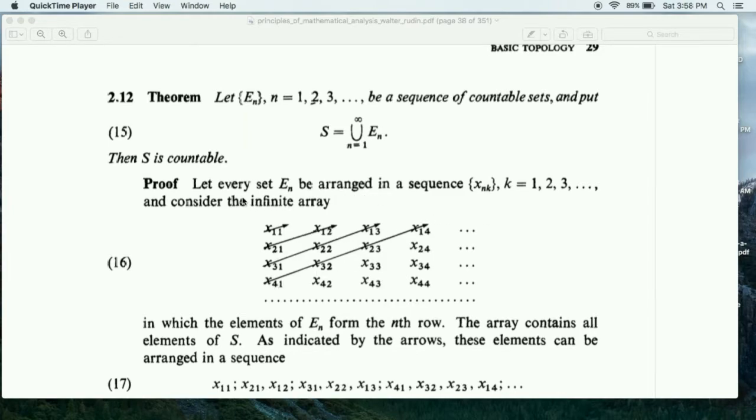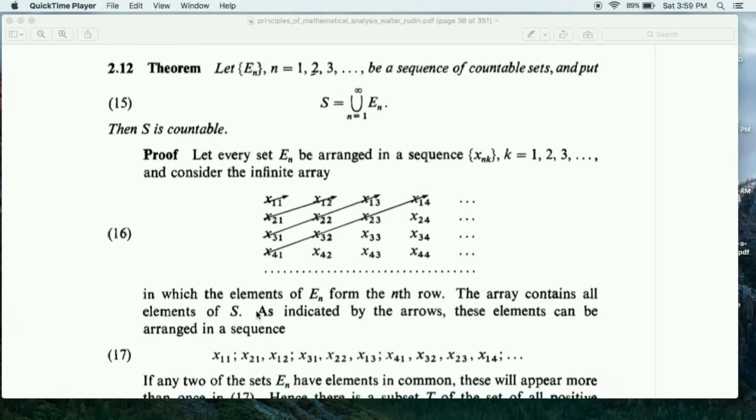So let every set En be arranged in a sequence as x_nk, for k equal to 1, 2, 3 and so on. So here are the elements of E1, E2, E3 and so on. In this way we can write all the elements in the union S. Now we start counting in this fashion.